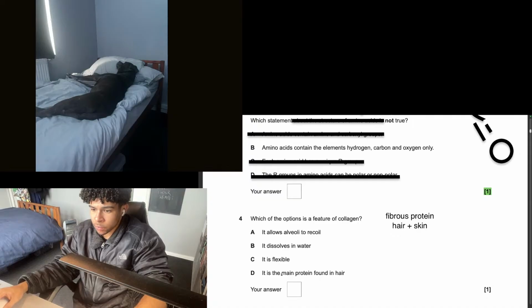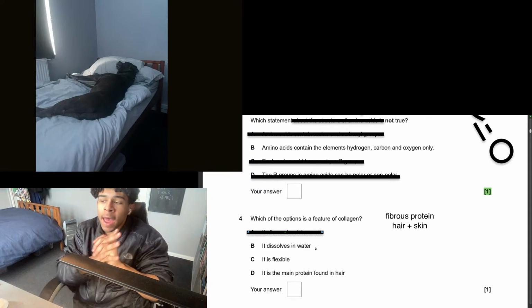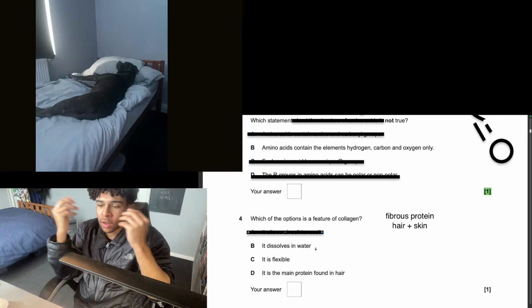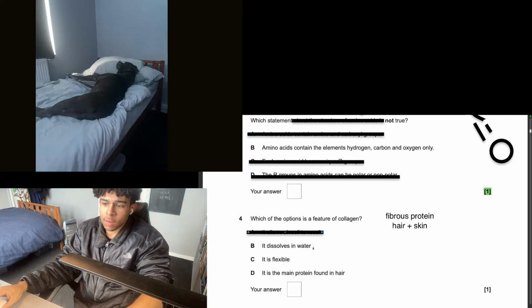Could be. It's the main component found in hair. Was that keratin? It allows alveoli to recoil. Nope, that's elastic protein, okay? It dissolves in water. We know it's in hair and skin. Well, I don't know about hair so much. I know it's in skin. Does our skin dissolve in water?